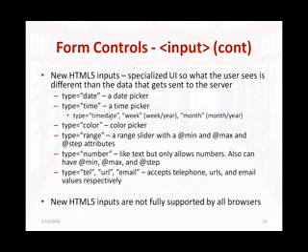There's a color picker that will let you pick web-safe colors. There's a range to give you a slider. If you want somebody to pick a number between 1 and 5 and they want to only be able to pick whole numbers, that's the step. So the step is 1, the min and max 1 and 5. Number is the same, only it just allows numbers.